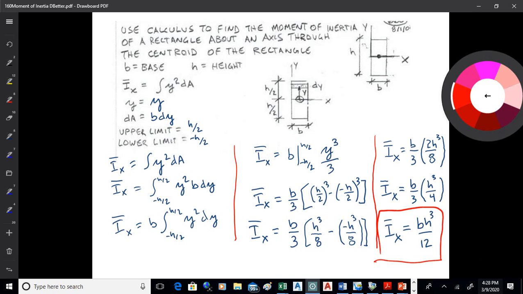That's a very common formula. That's on your formula sheet on the right-hand side, I think. Upper right, maybe? Can't remember.